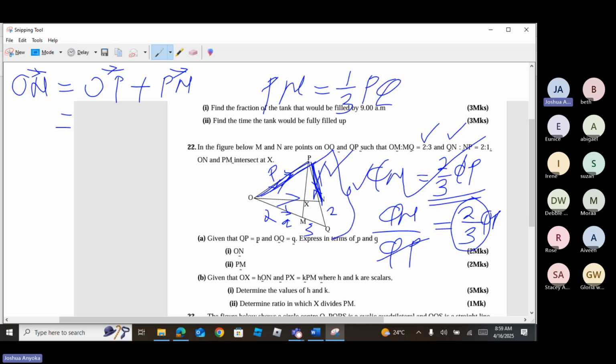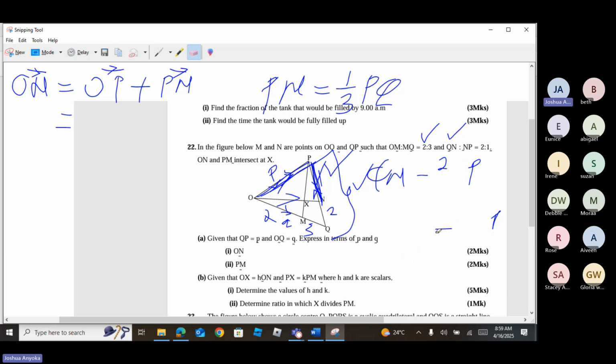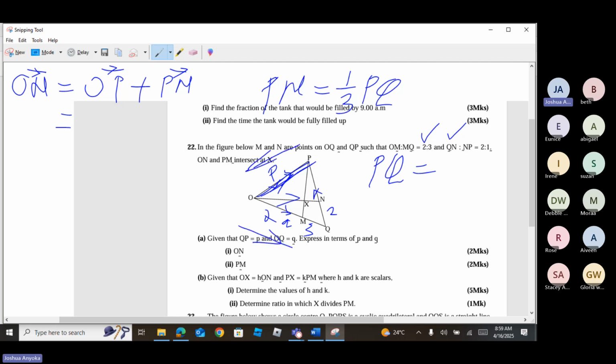So we need vector PQ. Vector PQ is equal to PO plus OQ.